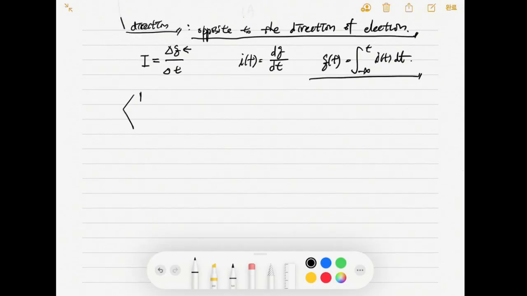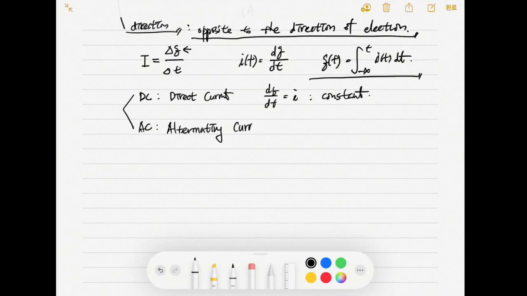So we have two types of current. We can say the DC current. DC is direct current. That means dq/dt, I, is constant. AC is, as we call it, alternating current. That means the shape of the current is sinusoidal, a waveform.